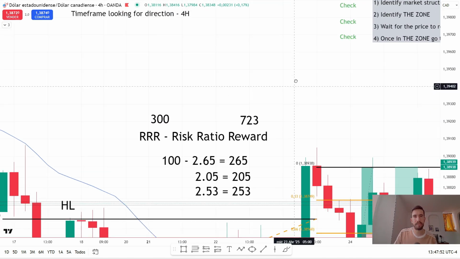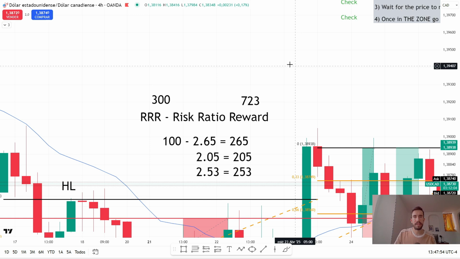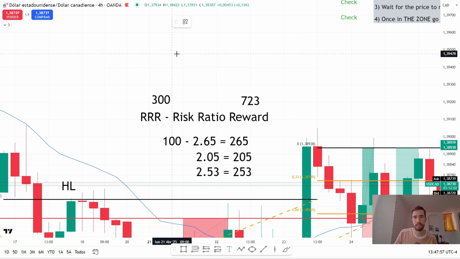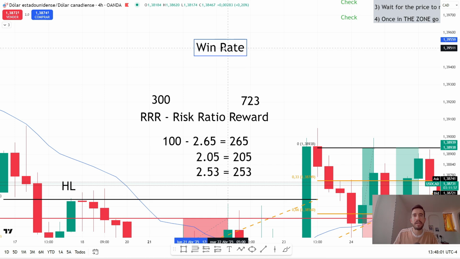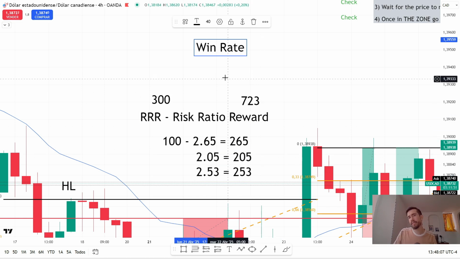And this is just the risk reward. Another factor that you have to understand is the win rate. Win rate, which is basically how many times you win. If you take, for example, 3 trades and you win the 3 of them, you have 100% win rate.